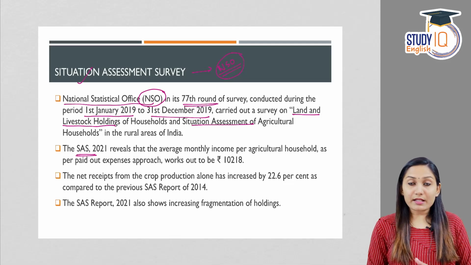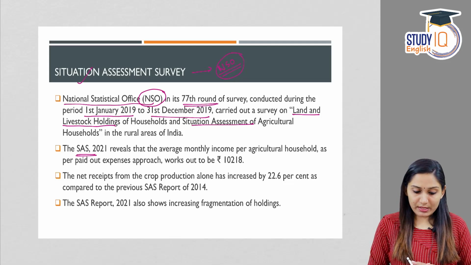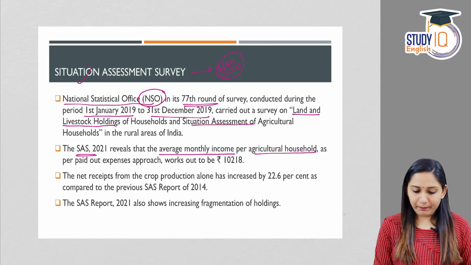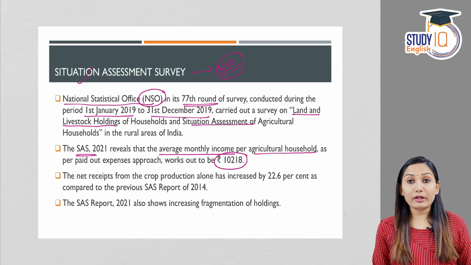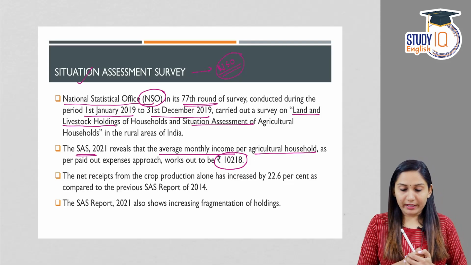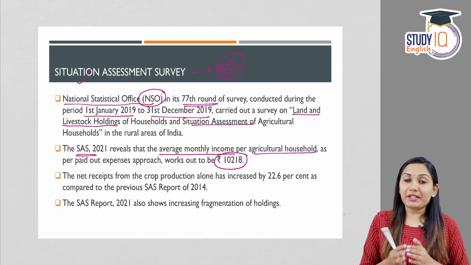The SAS Situational Assessment Survey of 2021 reveals that the average monthly income per agricultural household as per paid out expenses approach works out to be 10,218. So this is the average monthly income of agricultural households. So this point is very important.